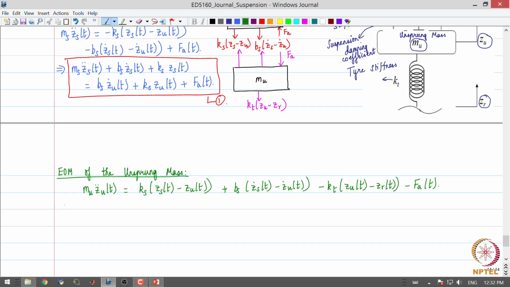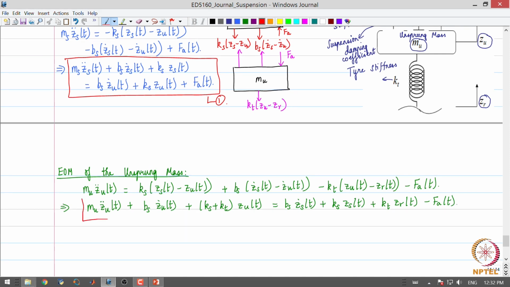So, if we rearrange, what will we get? We get mu times zu double dot t plus bs times zu dot t plus (ks plus kt) zu(t), that is going to be equal to bs times zs dot t plus ks times zs(t) plus kt times zr(t) minus FA(t).